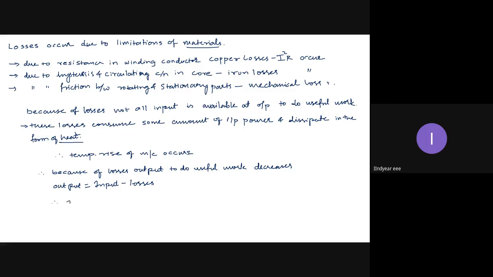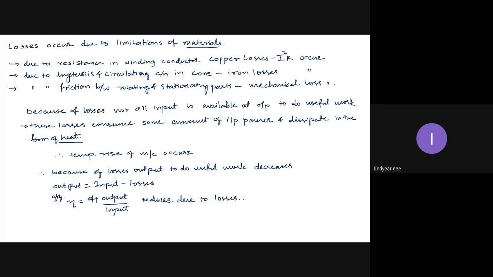Therefore, efficiency, which is output by input, reduces due to losses. If the amount of losses present in the machine is more, less will be the output available at the endpoint. Therefore, the efficiency of the machine or system reduces.